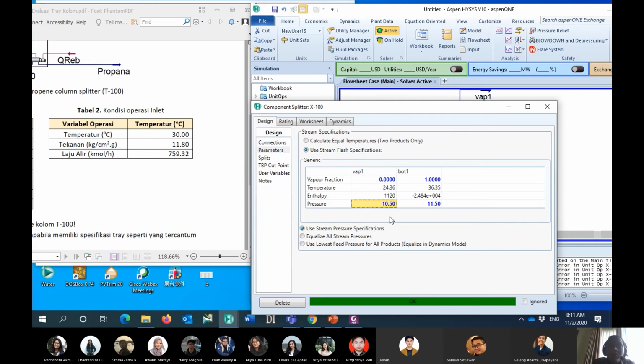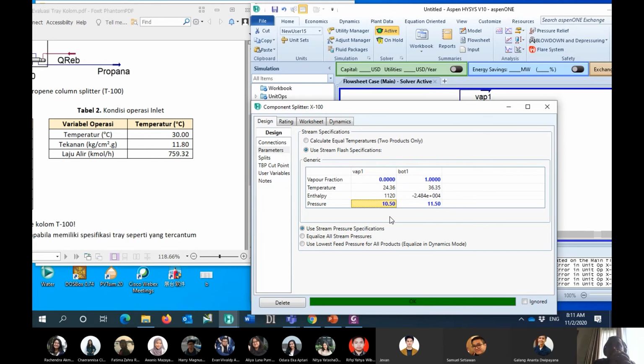But there are many types of reboiler, and one of them is the thermosiphon. A thermosiphon is not 100% vapor.